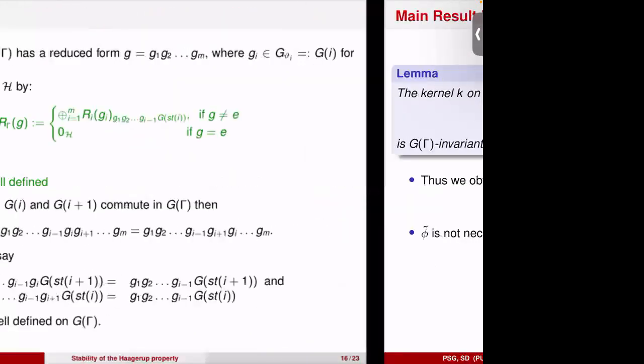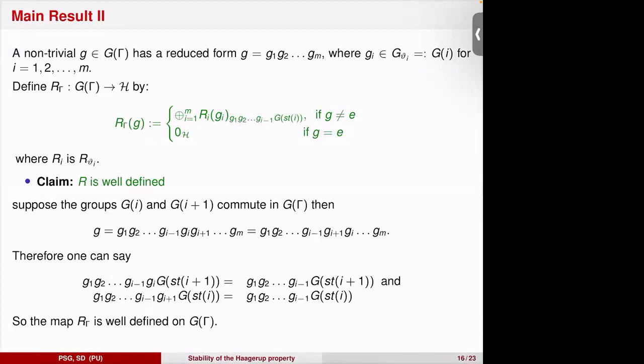Okay, so now the definition of the function on the graph product is like that. Take a small g, an element from the graph product. Take one of its reduced forms, that is g1, g2, ..., gm, it will look like that, where each gi is coming from some vertex group.